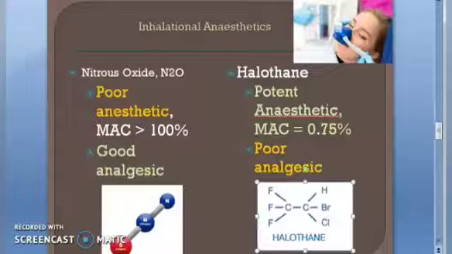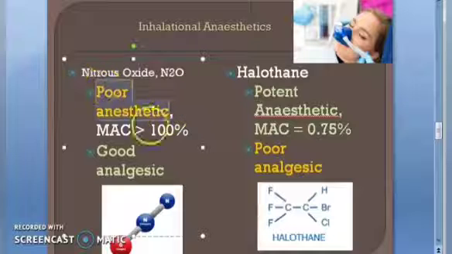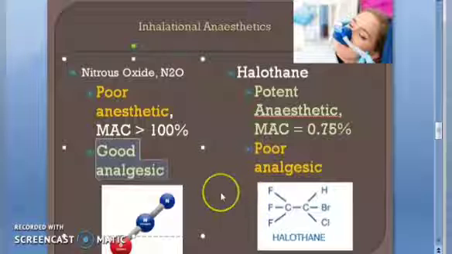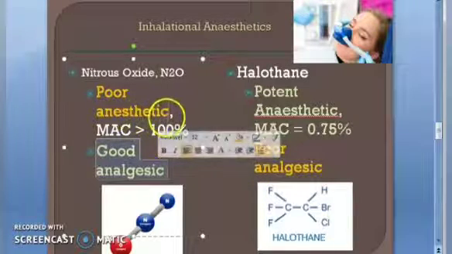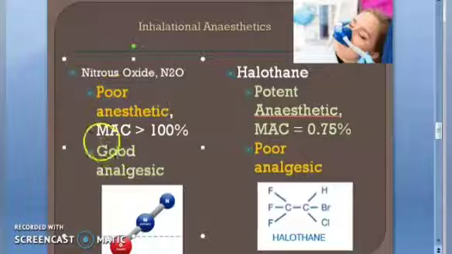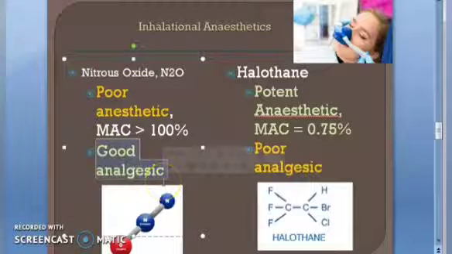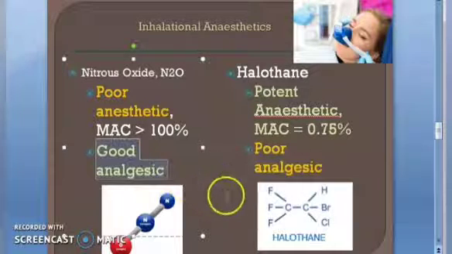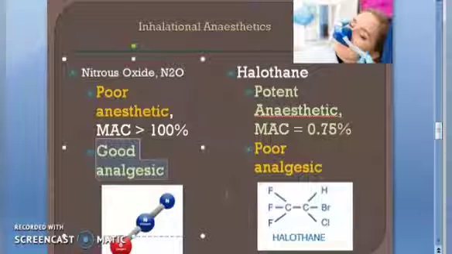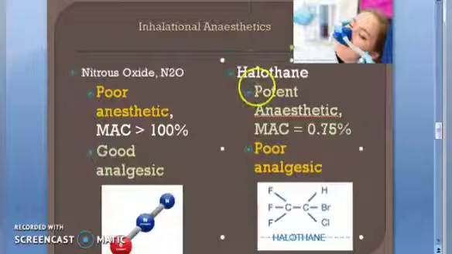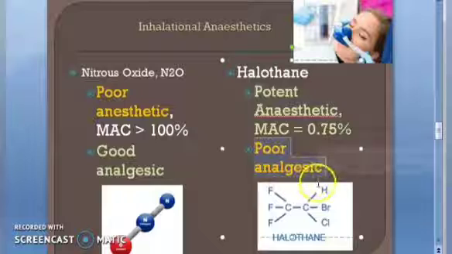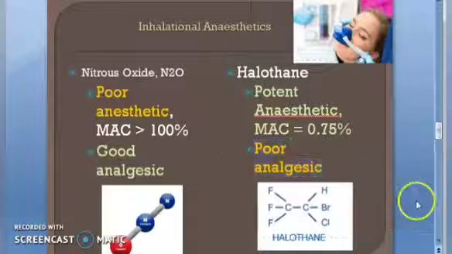Nitrous oxide is a poor anesthetic, but a good analgesic. In child labor, the person doesn't have to be unconscious, but if pain is relieved, that's enough. So nitrous oxide is preferred where they don't need a complete unconscious stage, but pain reduction. Halothane is a potent anesthetic, but a poor analgesic.